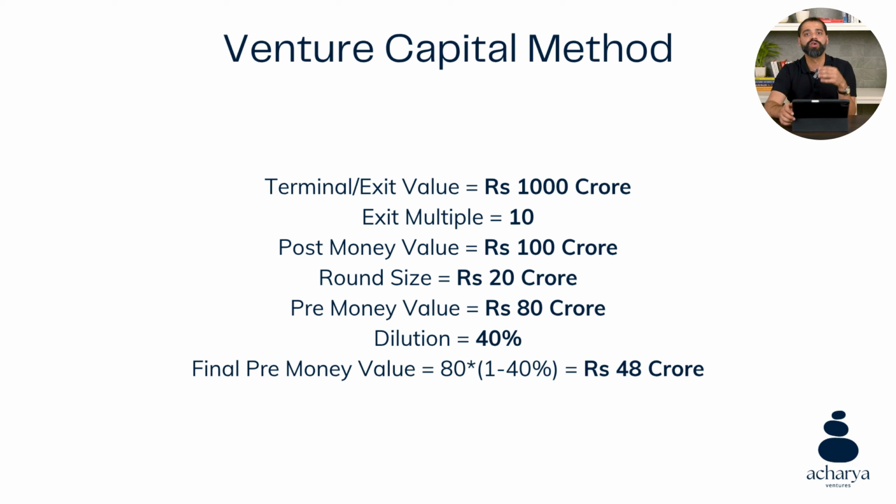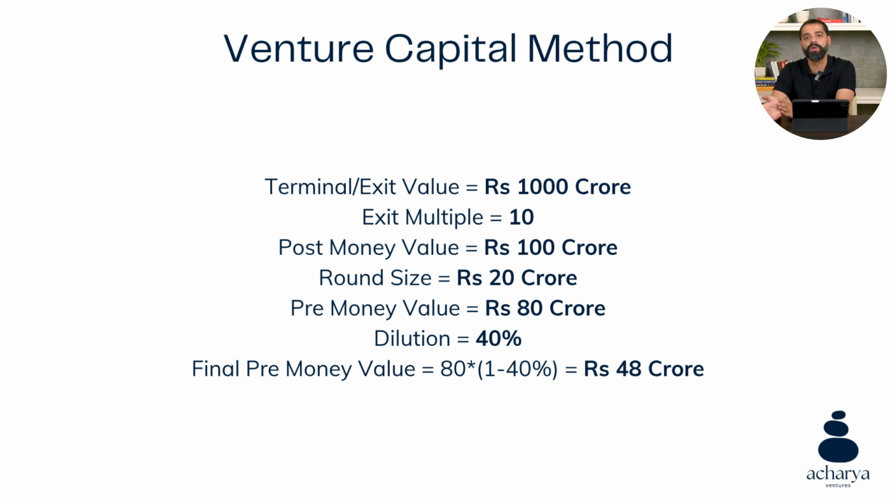Over the course, they're going to get about 40% dilution as the company grows. So the final pre-money valuation is 80 into 1 minus 40%, which gives them a pre-money valuation today of 48 crores. If your valuation today does not lie in that ballpark, they are not going to invest. Again, you can ignore this valuation multiple.